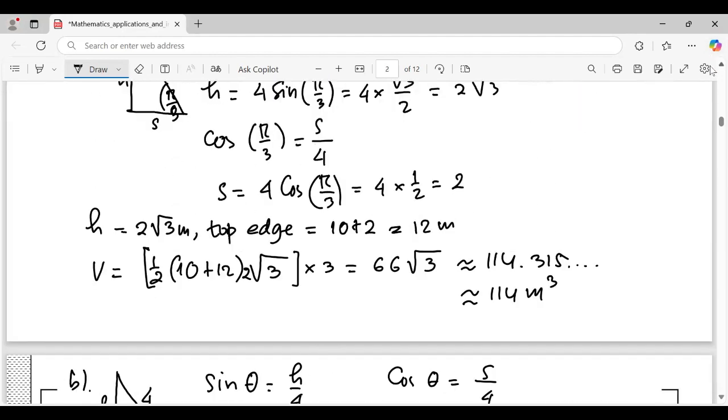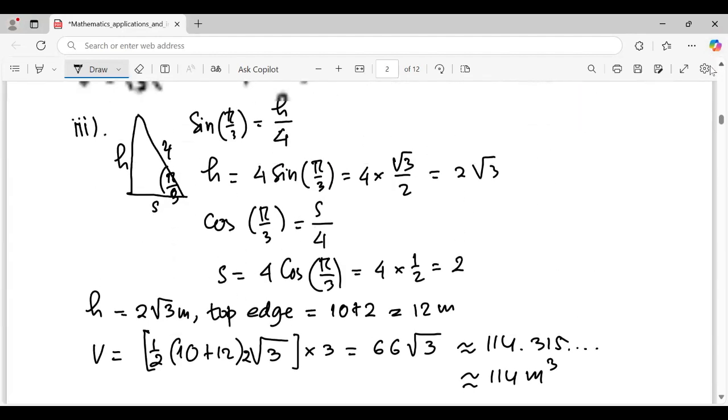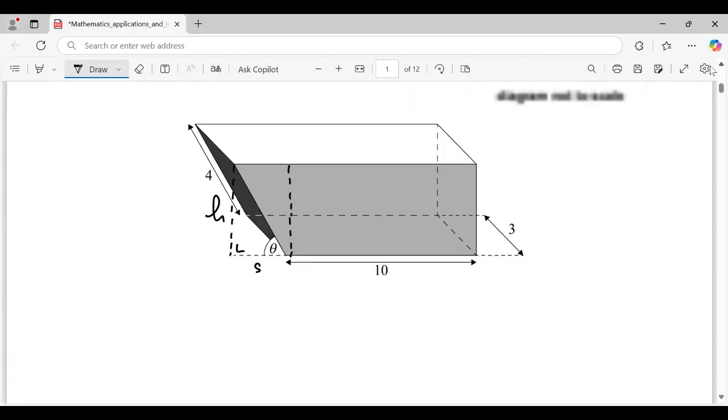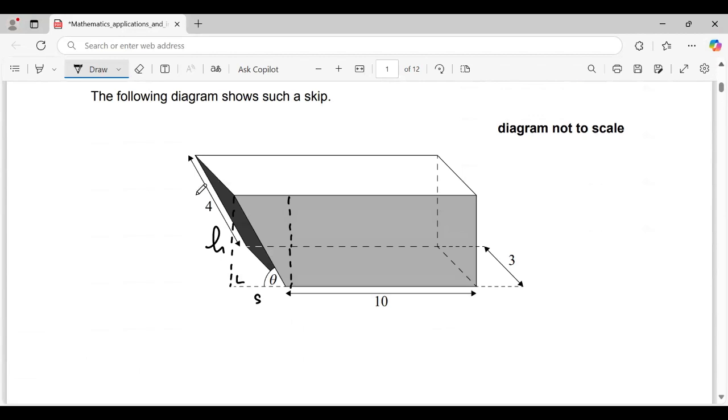I'm going to show you. Okay, if this side is 4 cosine theta and this is 10, it means the top edge is 10 plus 4 cosine theta.